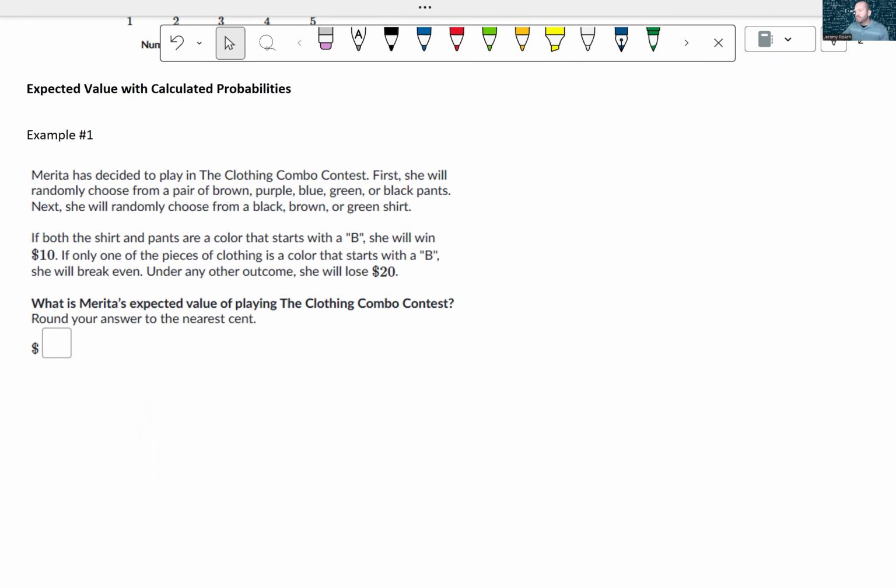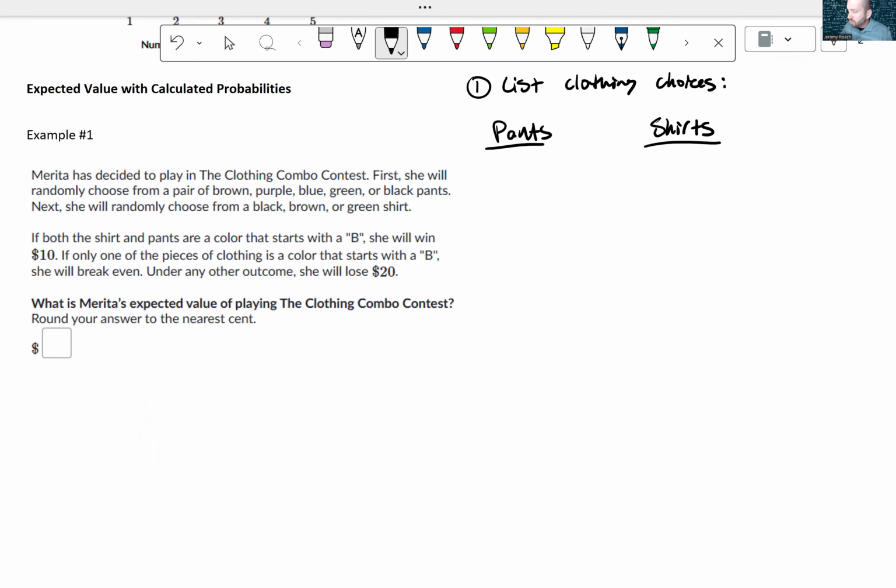So let's start by listing out all of the different clothing choices that she has. We have pants to choose from and shirts to choose from. From pants, she can choose brown pants, purple pants, blue, green, or black pants.